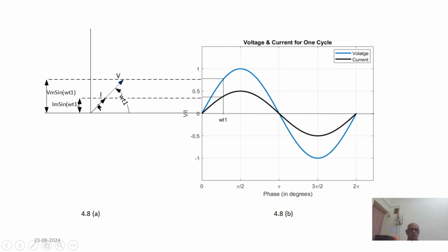So we have got the voltage V projected on this, so at an instant omega t1, the value over here is Vm sine omega t1, and so is the current, which will be shown by this arrow. There are two things we are talking about: one is the amplitude and another is at what value or what angle.